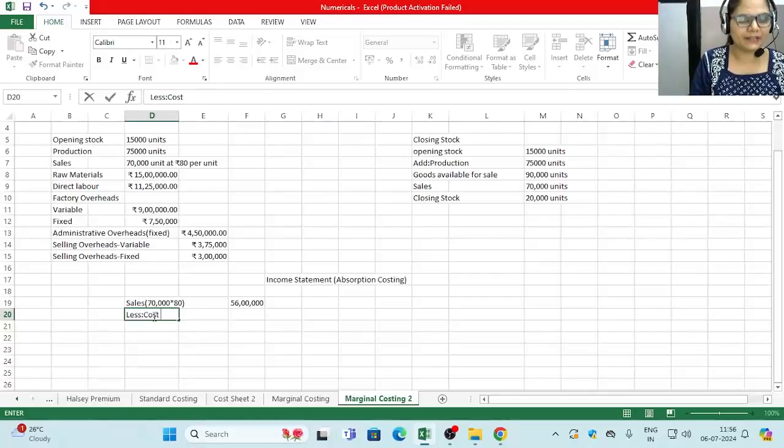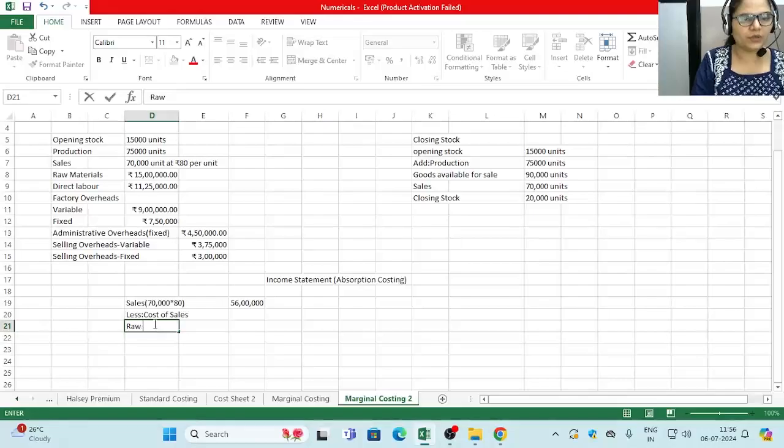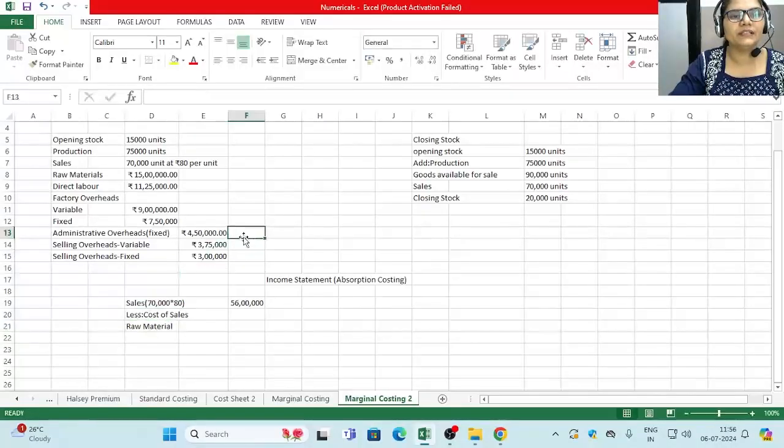Next, as we are making the income statement under absorption costing, as already told you, we will directly calculate the cost of sales, and there will be no differentiation between fixed and variable cost. So first of all, raw material is 15 lakh.